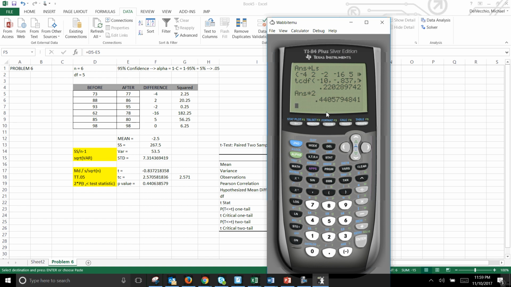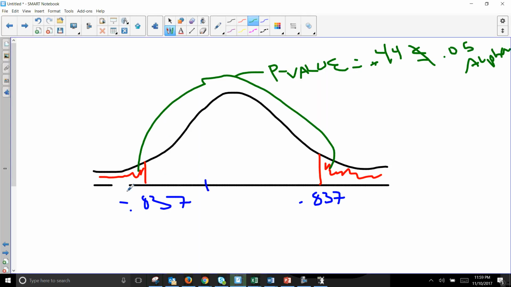If I was looking for the critical value, I need to take a look at the area, so that's the inverse t. So that'd be second vars, inverse t. I give it the area and it tells me what the t value is. So I know the area to the left of the tail is 0.025, right? Because it's a two-tailed test. Let's go back and look at this picture real quick. I've already erased it.